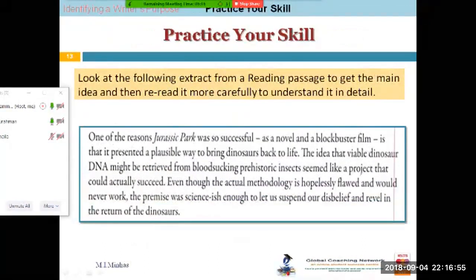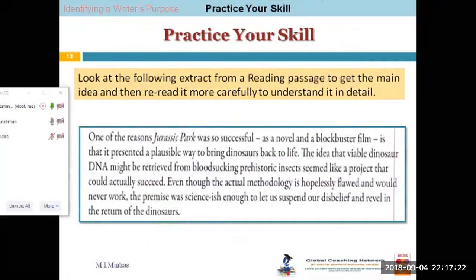Now, look at the following extract from the reading passage to get the main idea, and then reread it. Okay, first read it. You have 30 seconds for that. Let me read it with you. One of the reasons Jurassic Park was so successful as a novel and as a blockbuster film is that it presented a plausible way to bring dinosaurs back to life.